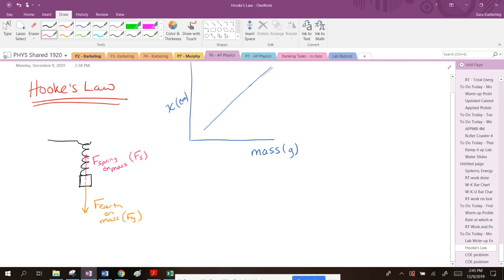Quick question for you. How do these two forces compare in magnitude? That's a good question, Ms. Carmel. If I set this so that it's not wiggling, we can call that what? It starts with an E. Equilibrium, right?